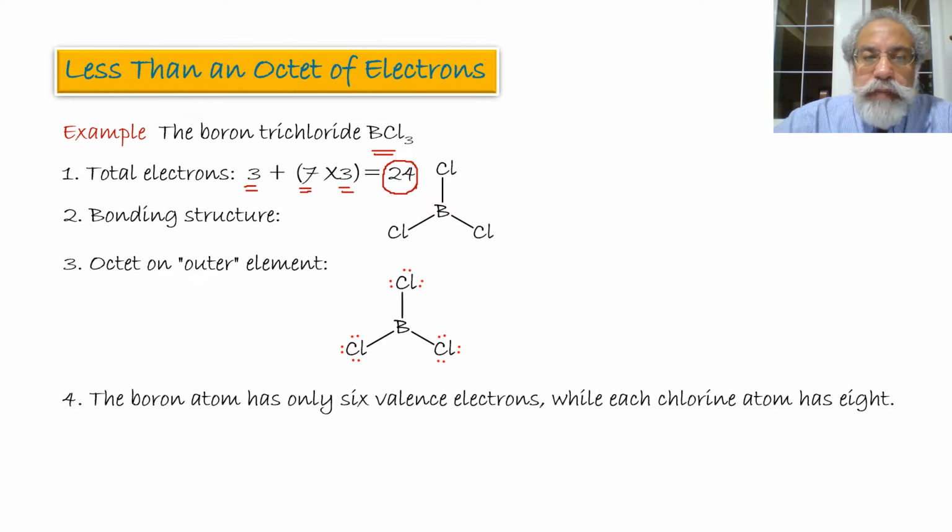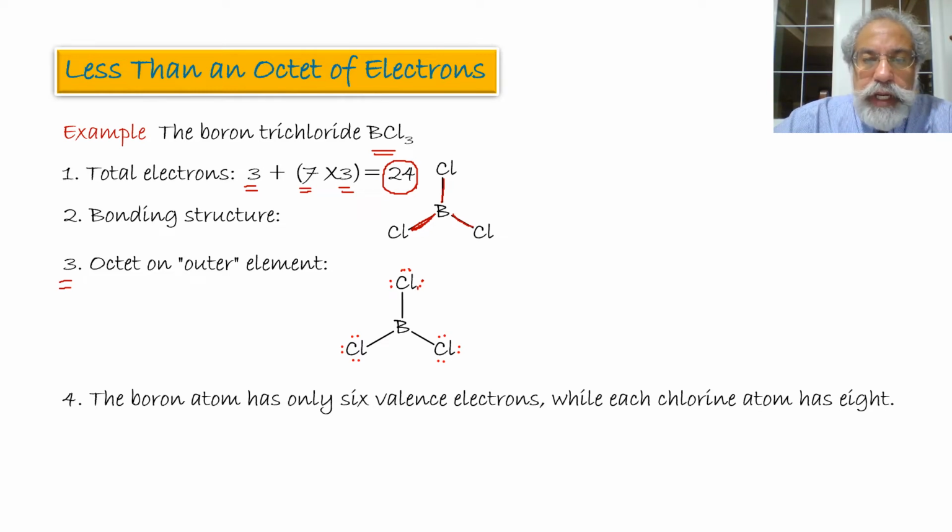After we make the bonding structure, single bond, single bond, single bond, step number 3 is to give the more electronegative element its octet. So 1, 2, 3, 4, 5, 6.